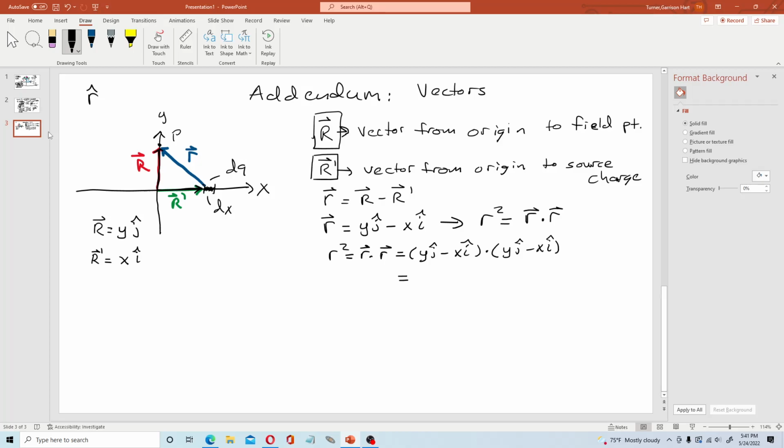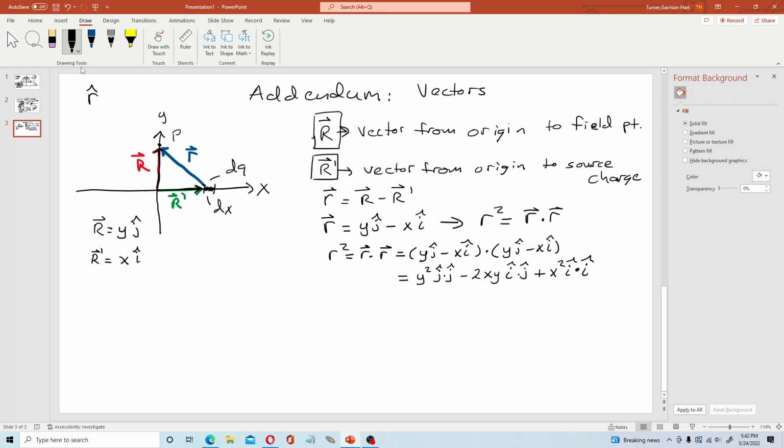And the result would be y squared j dot j minus 2xy j dot i. These need to be j's, not i's. And this would be dot j. And this would be plus x squared i dot i.